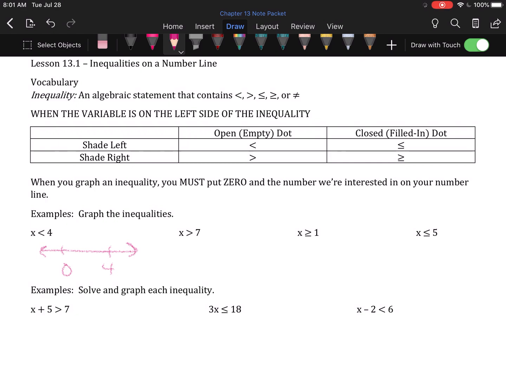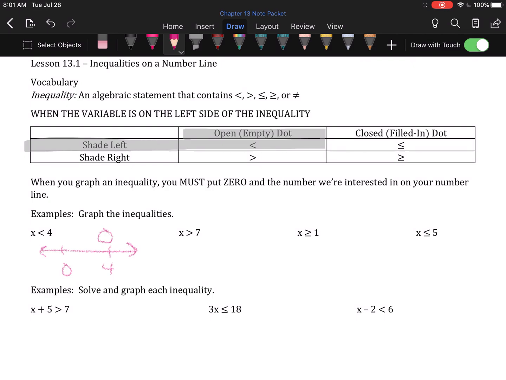Now, this says x is less than 4. If I come up to my table, less than is this symbol right here, which means, according to the chart, I should have an empty dot and shade left. So an empty dot really just means put a circle above the 4.